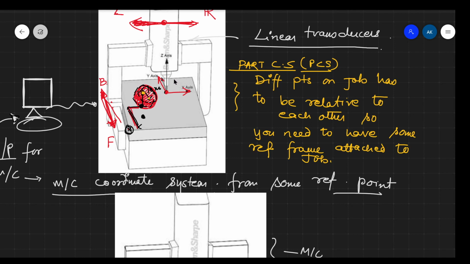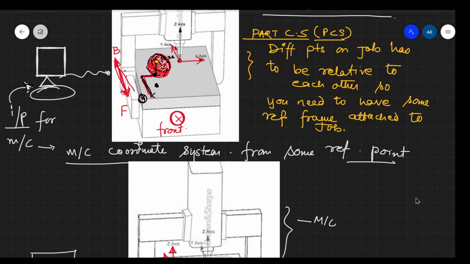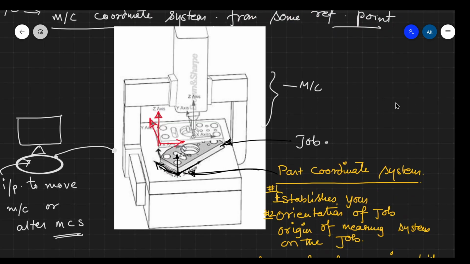This is a pretty standard coordinate system for machines. If this is the front of your machine, then away from you will be the y-axis, the z-axis will be in the direction of movement of the tool, or here its probing device, and perpendicular to both of these will be the x-axis. This is pretty standard for almost all automated machines, CNCs. This is the standard machine coordinate system.